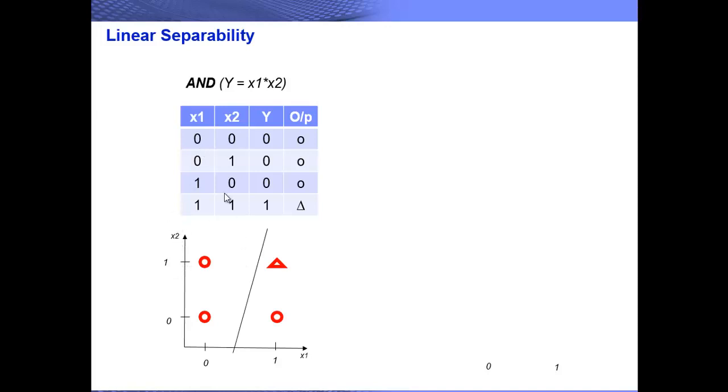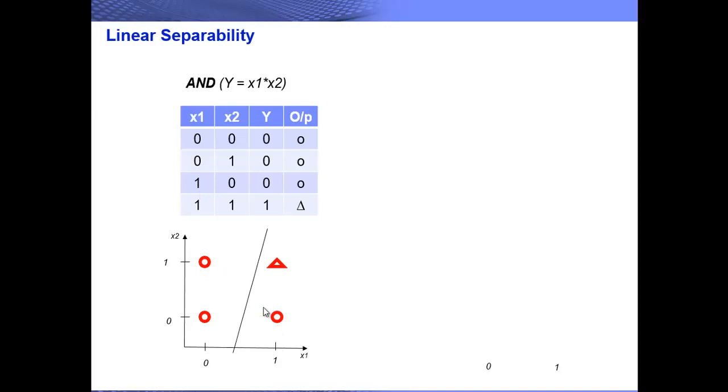If both are 0, what is the output? Circle, so we plotted a circle here. If it is 0 and 1, so 0 on the x1 axis and 1 on the x2 axis, this is the position, and the output is again 0, so we have put a circle here.